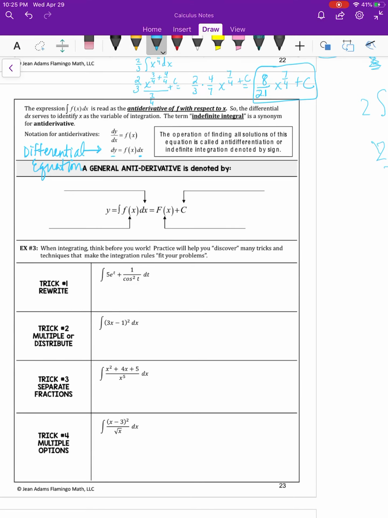So a general antiderivative is denoted by y equals the antiderivative of f with respect to x is equal to capital F of x plus c. So let's just make sure that we know our vocabulary. This dx is telling me my variable of integration. This f of x is called my integrand.